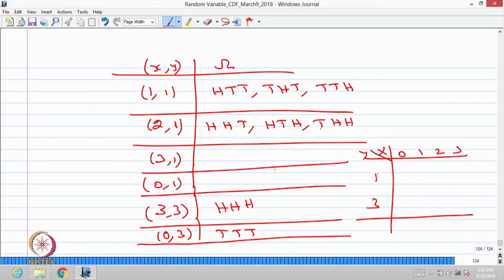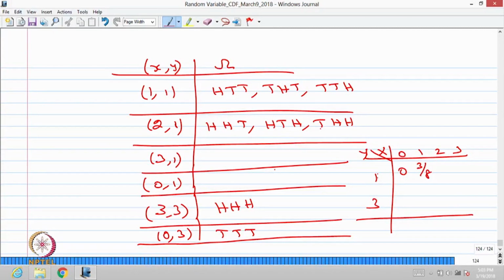X takes a value 0, y takes a value 1, that is nothing, therefore the probability is 0. When x takes a value 1, y takes a value 1, that is 3 possibilities. It's an unbiased coin, therefore the probability is going to be 3 by 8.